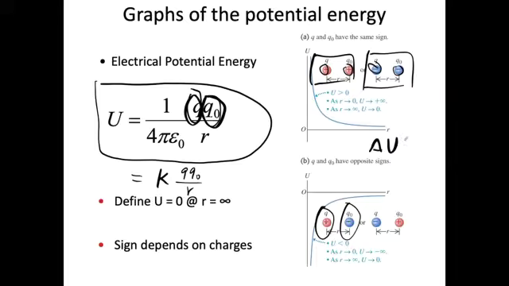Because your change of potential energy is the negative of the work done by the electric force, when the force does positive work, potential energy decreases. This is why if you have a positive charge and a negative charge, you're going to have a negative potential energy. Positive and negative give you a negative potential energy. And this is for two point charges.